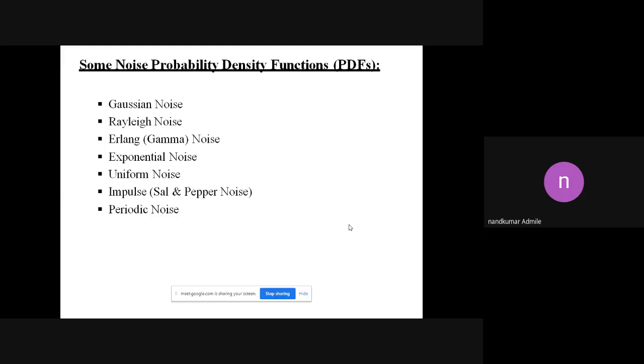Okay. So in the last lecture, we studied the different types of noise models. These noise models are very important from your exam point of view. So how can noise be added in the image, or what are the different types of noises present in the image? There are two possibilities by which noise can be added.